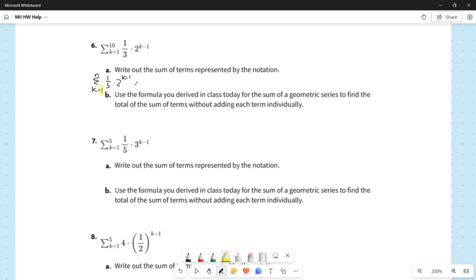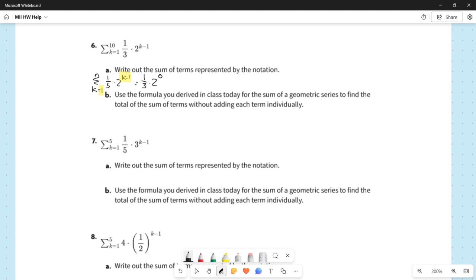what's going to happen when I plug in for k? Remember, I'm plugging in a 1. Our exponent is k minus 1, which means if k equals 1, we get 1/3 times 2 to the 1 minus 1, which is the 0 power.